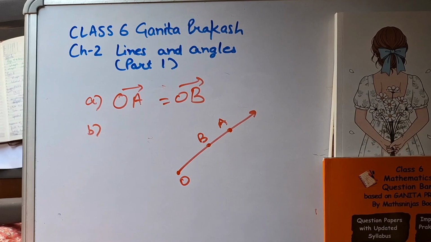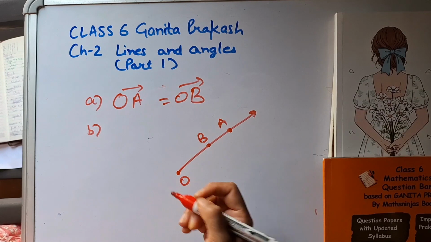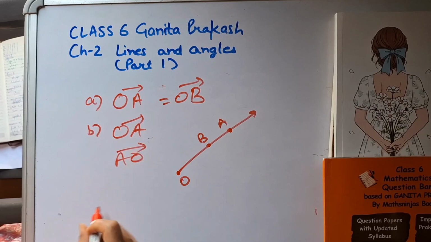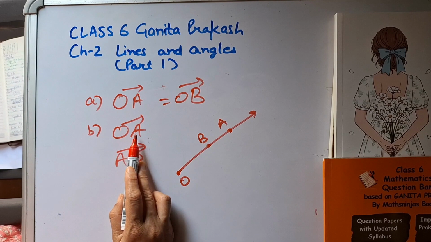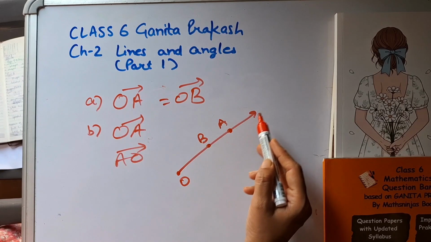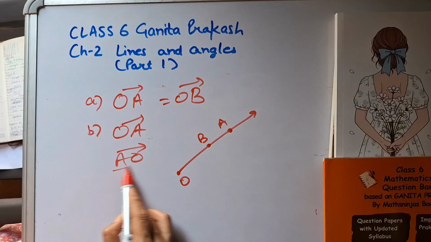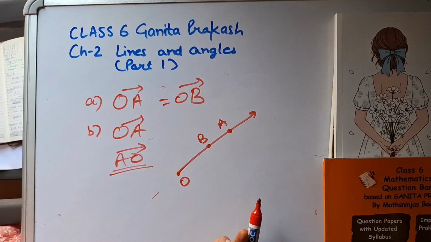If you have restarted the video, let me tell you that AO is not equal to OA. OA says that O is the starting point and A is somewhere lying in the path of the ray, and AO says that A is the starting point and O lies somewhere in the path of the ray.